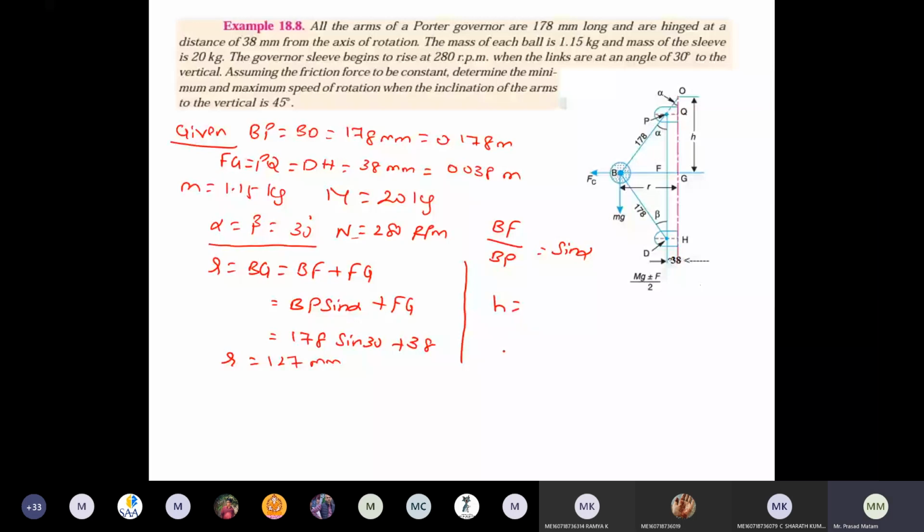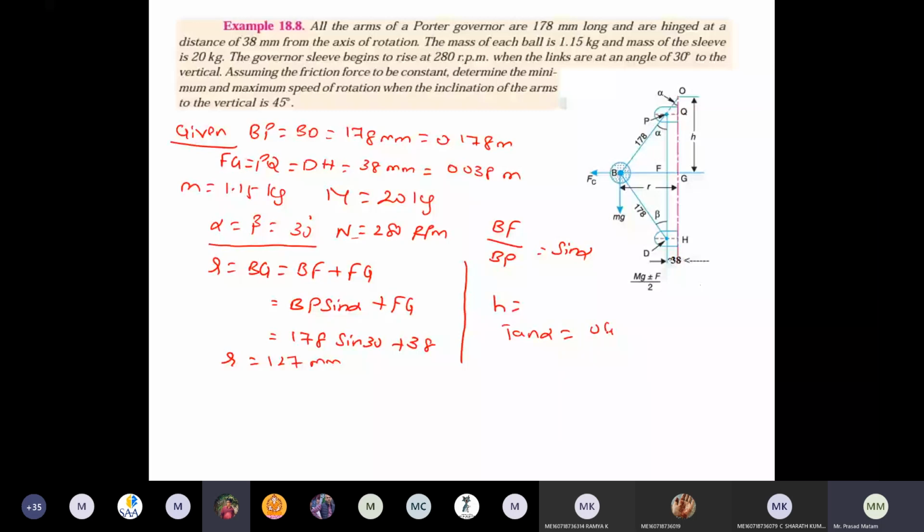What is tan alpha from this? Right, 0.22 someone has given. What is tan alpha from this?